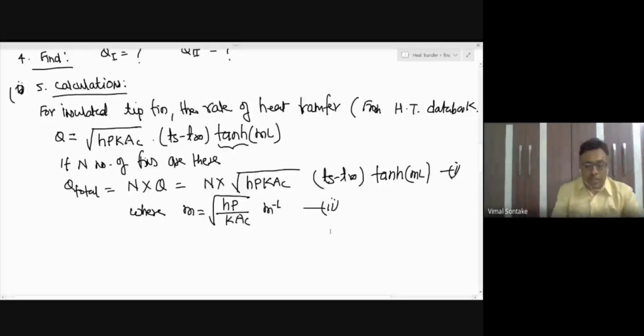Okay, now let us solve for case 1. What is case 1? N1 is 6 and L1 is 10 centimeter.